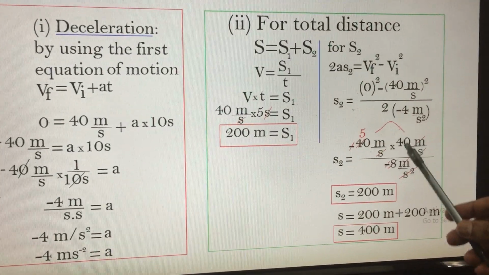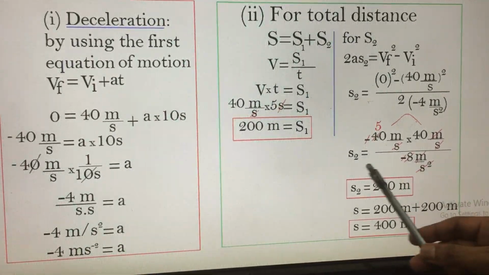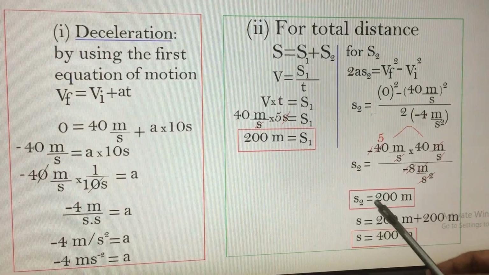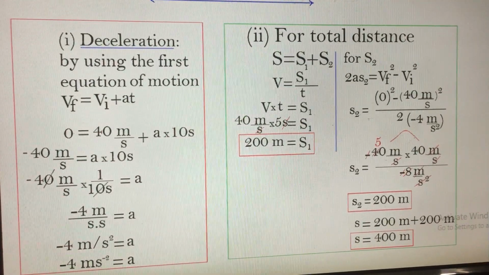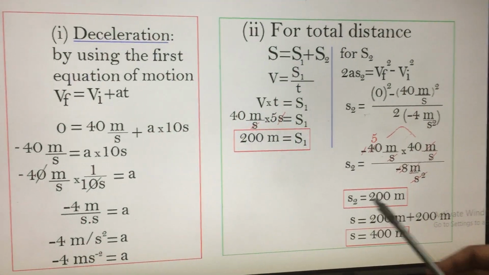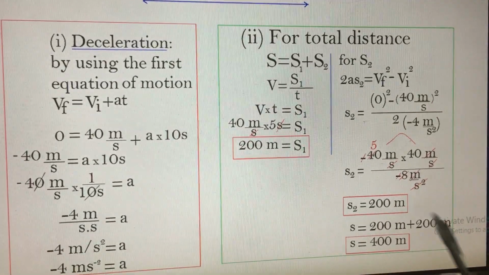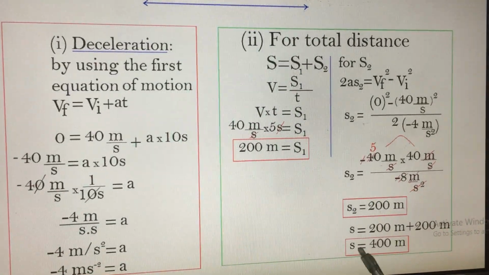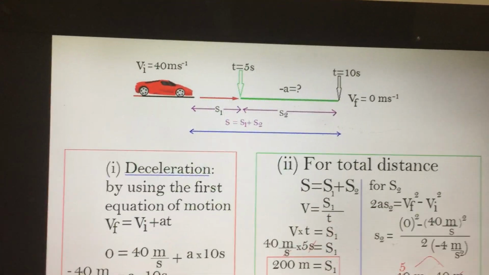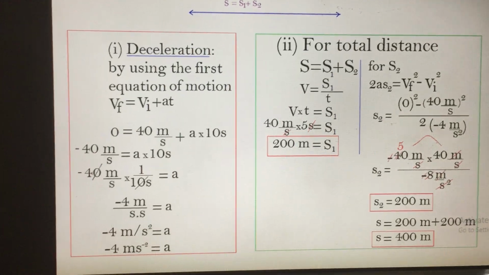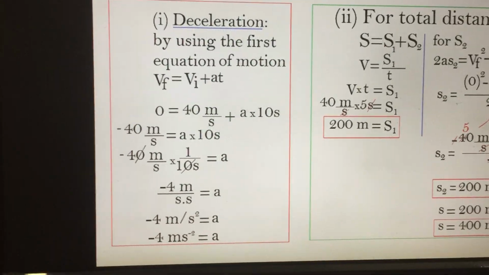This 5 multiplied with 40 gives S2 is equal to 200 meters, over 1. You know that we do not write over 1, but it is understood. Okay, so S2 is also 200 meters. So the total distance S is equal to 200 meters plus 200 meters, 400 meters. So we have calculated that the total distance is 400 meters, and the deceleration is minus 4 meters per second square.